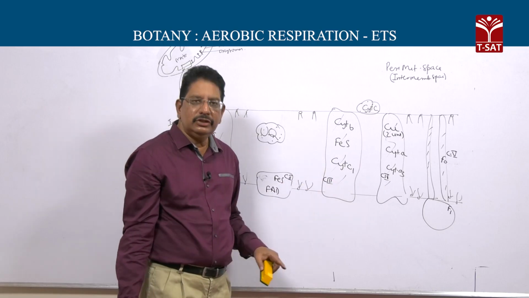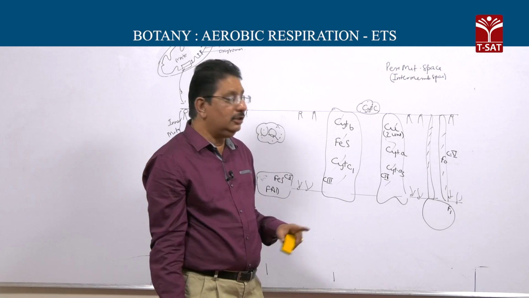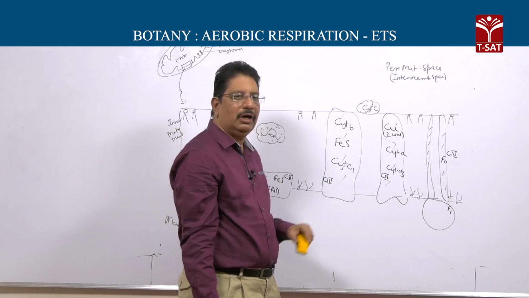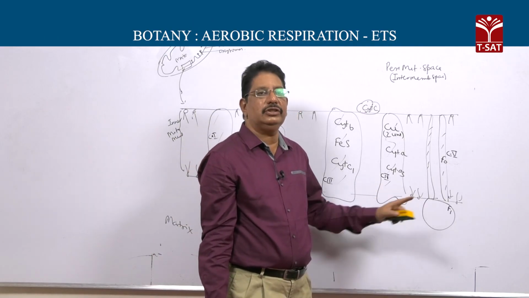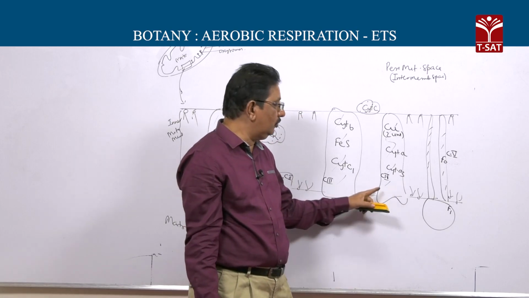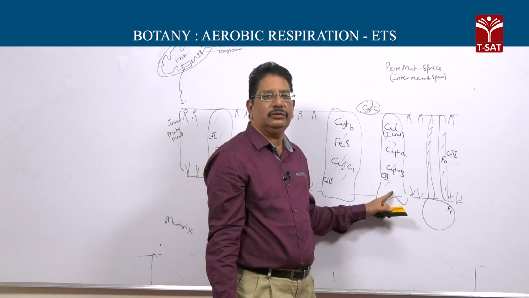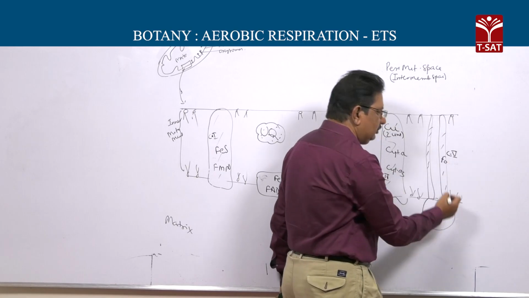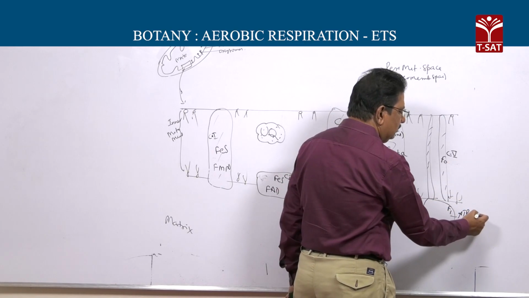For complex 3, the enzyme name is cytochrome C reductase, and cytochrome C oxidase is the enzyme name of complex 4. Like that, the F1 particle of complex 5 is called ATP synthase.